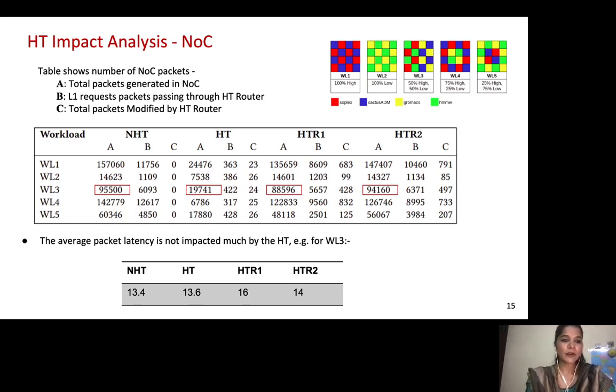Here we can see for all the workloads, the number of packets generated in NOC drops significantly, because very soon the core gets stalled, which eventually leads to less packet generation. However, the average packet latency is not impacted much by HT, and in this example we have taken the workload WL3.